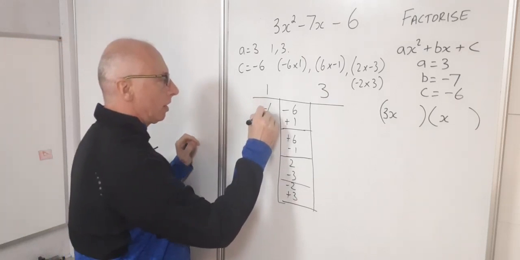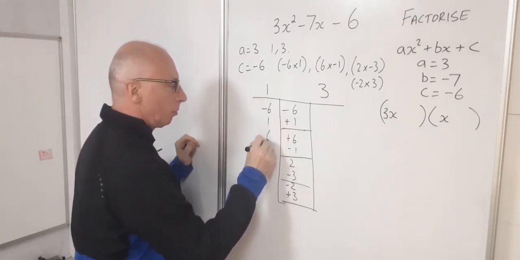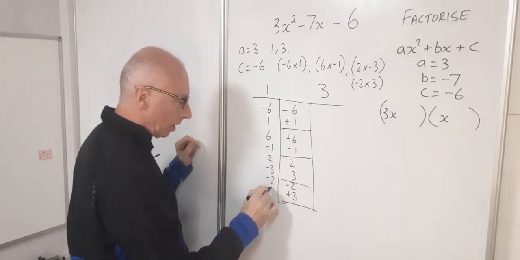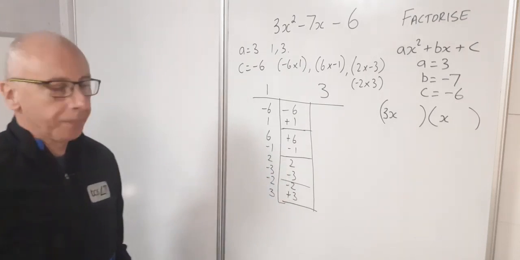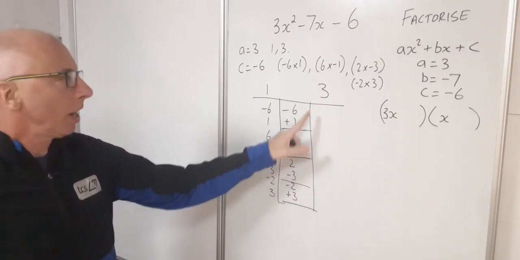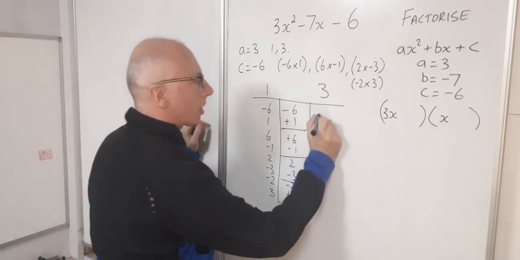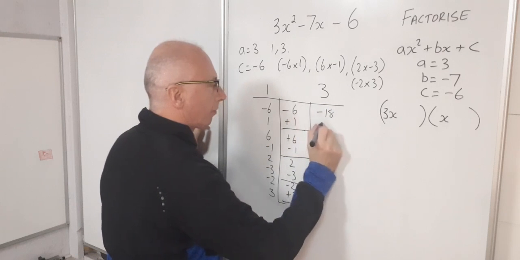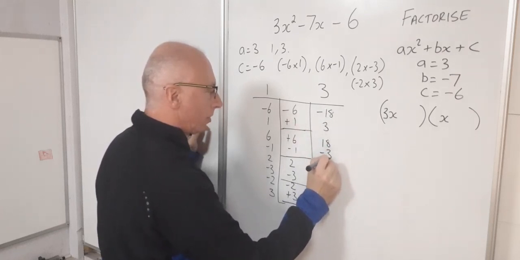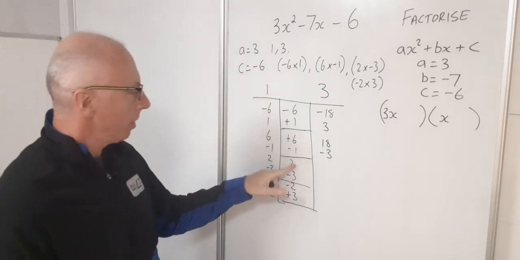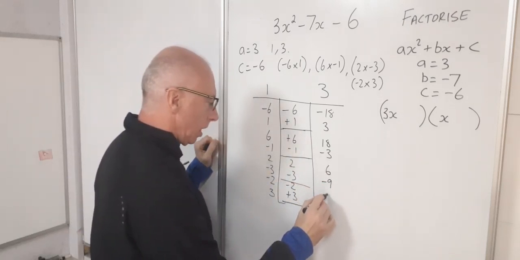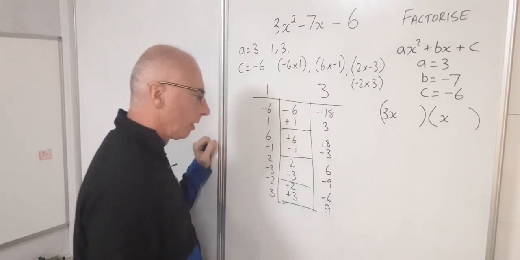So just going down the list, we just keep rewriting it because multiplying by 1, they're not going to change. So that's that. And now going this side, I'm going to multiply all these numbers by the 3. So minus 6 times 3 is minus 18, plus 3, plus 18, minus 3. And then multiplying these by 3, I've got 6, minus 9, minus 6, and plus 9.